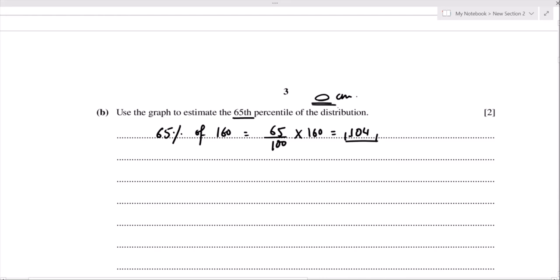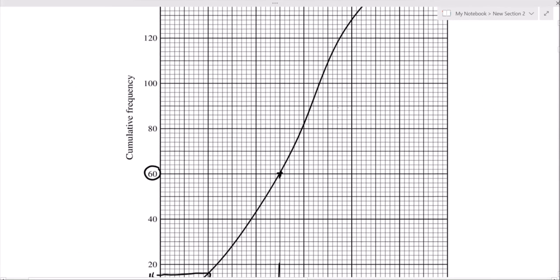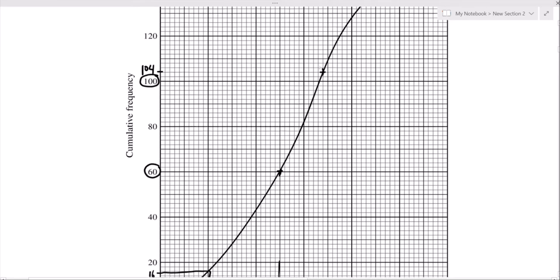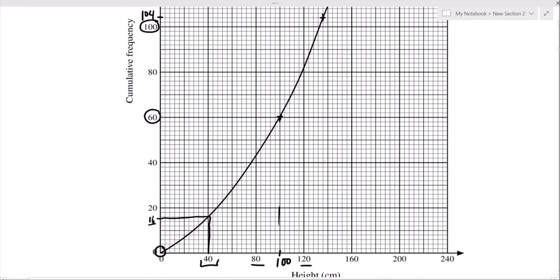So let's look at the graph. We have the 100 sunflowers right here, and we need to look for 104 sunflowers, so that's going to be here. That's 104, and then the corresponding point on the curve is going to be this point. Now the corresponding point on the height axis, or the x-axis, is going to be right here. We know that here is 120, here is 160, which means that this point is going to be 140.